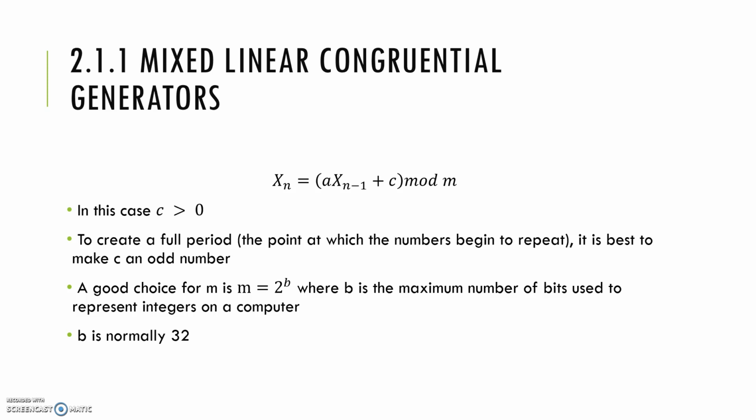And then a good choice for M is this rule here, M equals 2 to the B, where B is the maximum number of bits used to represent integers on a computer. So B is normally 32. So if you follow these general rules, you should be able to generate a series of numbers with a full period, so that you have your numbers repeating after the longest time period possible.